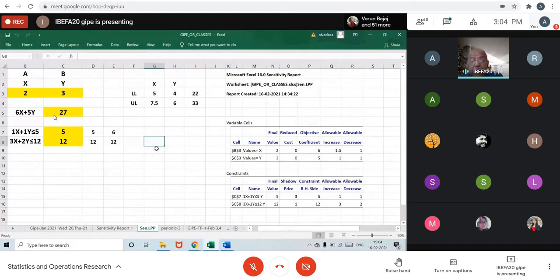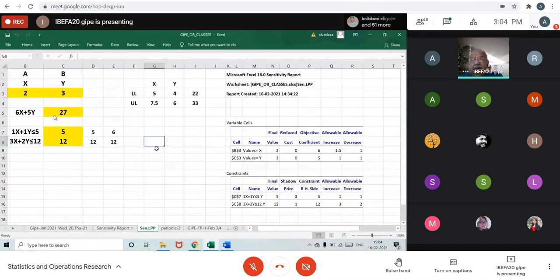If the shadow price is 3 for just 1 unit of milk, that is definitely good. And if I change the choco by 3, my shadow price increases by 1.